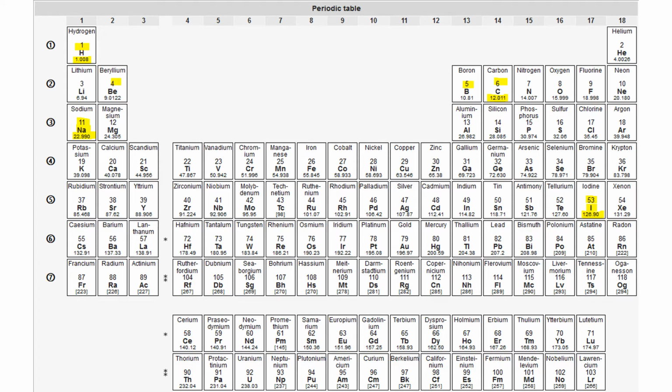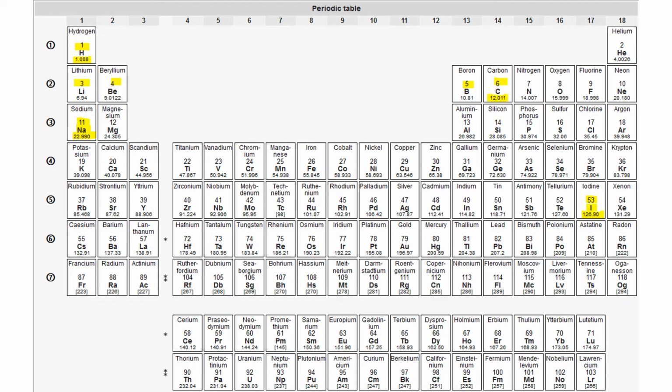Now, we always say that the atomic number, that number up at the top, which tells you how many protons and how many electrons the element has, is what determines which element we are talking about. So for example, let's say you have an unknown element, and all you know about it is that its atomic number is 3.